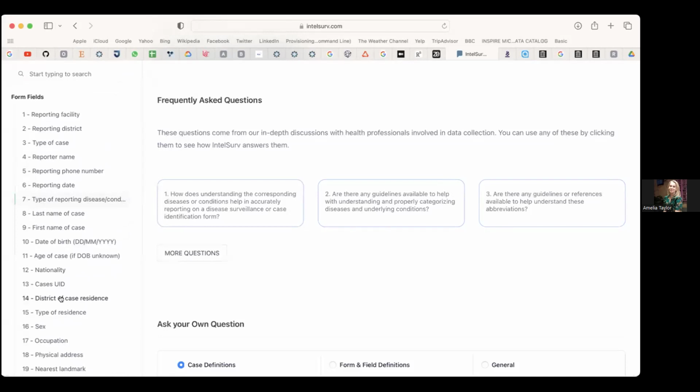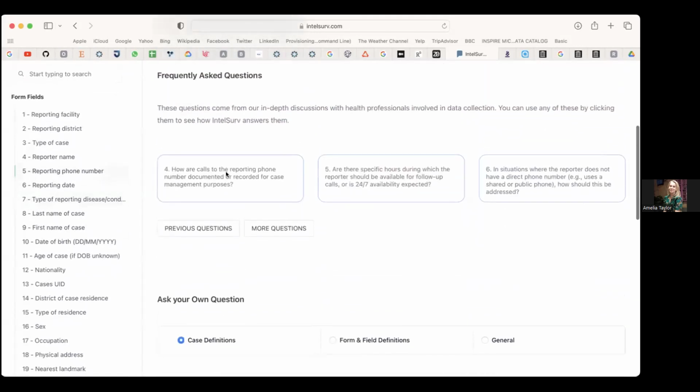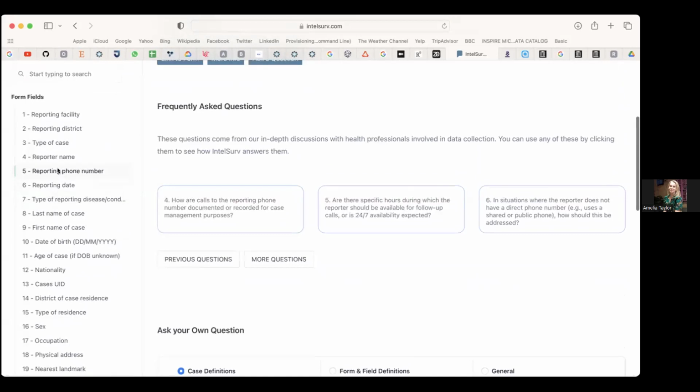What is the case definition for a particular disease, for example? But sometimes there were questions like, are there guidelines available, where to find them, what do certain abbreviations mean, and so on. Maybe I can choose a different field like phone number, reporting phone numbers.